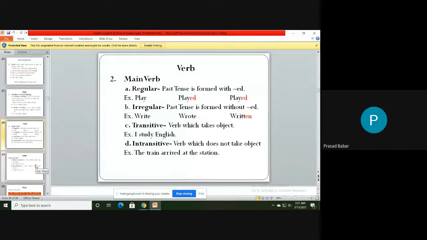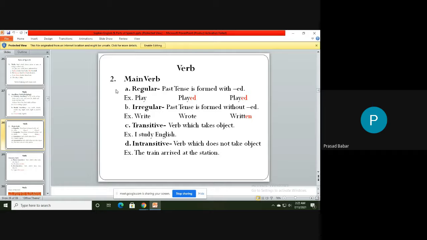In some sentences there may be an auxiliary verb but the absence of a main verb. In some sentences we find only a main verb, but we can't find any auxiliary verb. So the next type is the main verb.